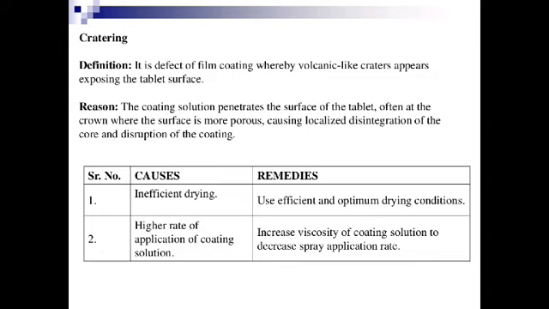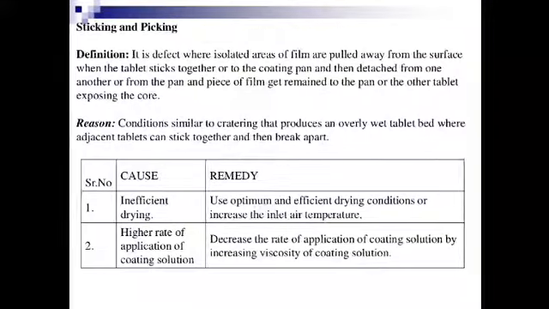Then cratering is a defect of a film coating whereby a volcanic lake crater appearance is exposed on the tablet, and that is usually due to insufficient drying or a higher rate of coating solution, which can all be optimized to get a better coated tablet.